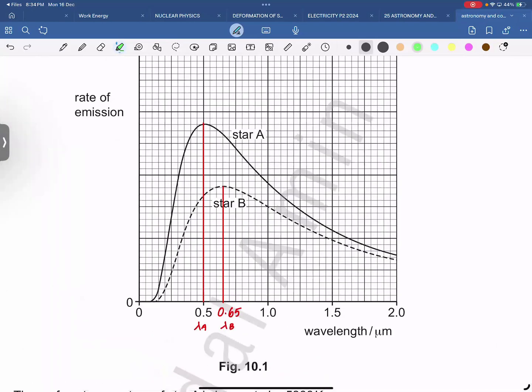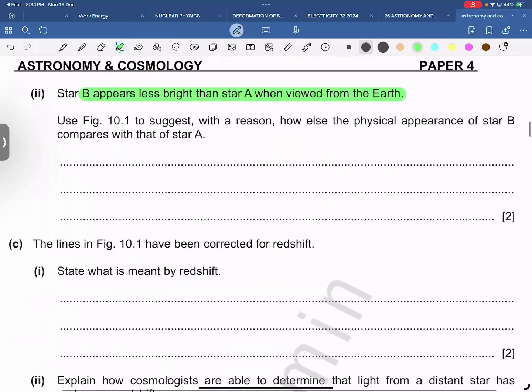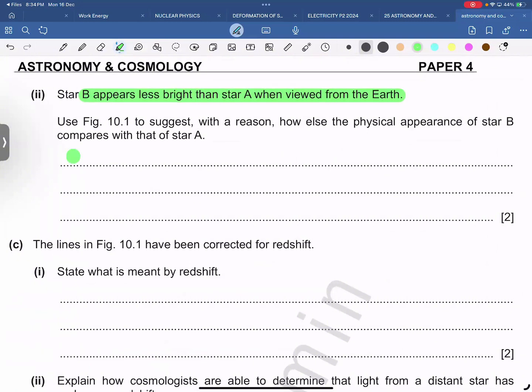So it has a greater wavelength at peak intensity, and this is the reason.